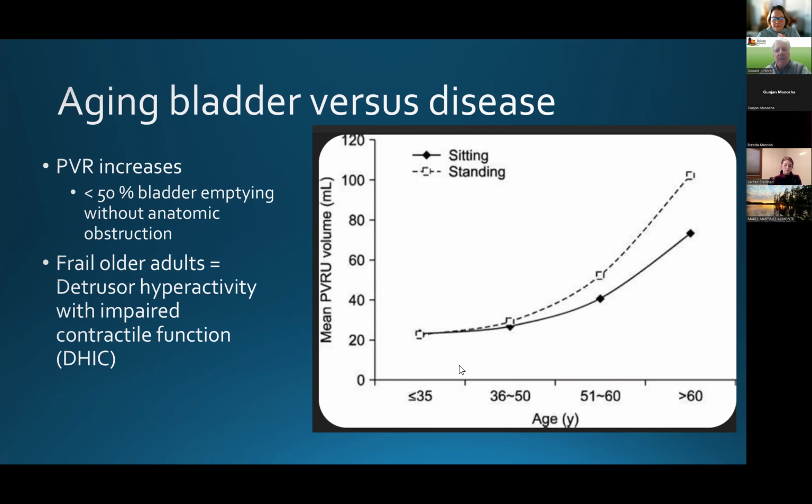The big problem is that the post-void residual urine tends to increase disproportionately in frail older adults. That's because of what we call detrusor hyperactivity with impaired contractile function. A bit of a mouthful, DHIC for short, I guess, for those that talk the talk of urinary incontinence.